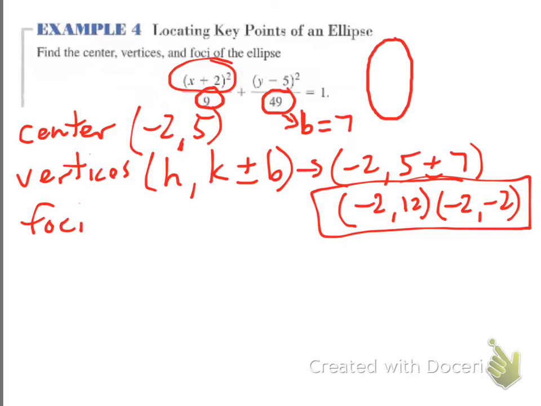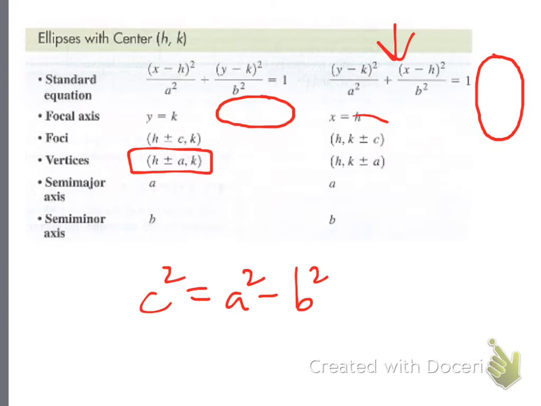Now the foci are h, k plus or minus c. Again, where am I getting this? I'm getting it right here. I'm just taking the information from this table.